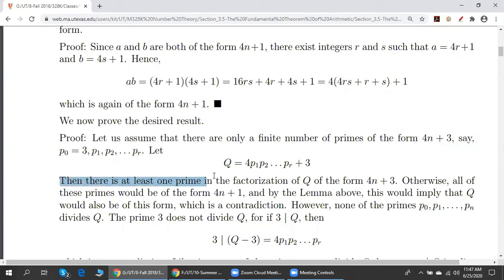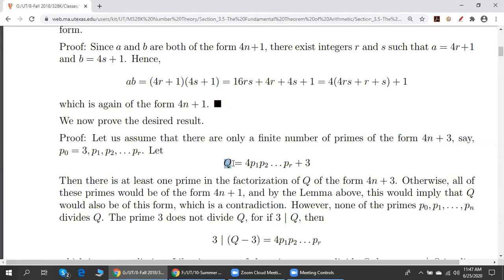Let us show that one of the prime factors of Q is of the form 4n plus 3. So once again, don't confuse factorization of Q and this expression. What we see over here is not factorization of Q. It's just some product, 4 times P1 times P2 and so on times PR.